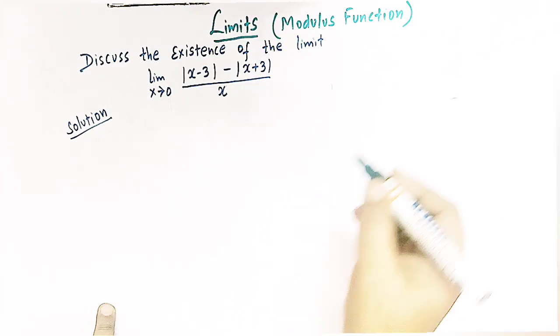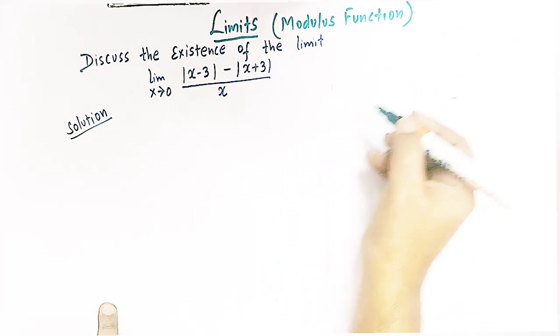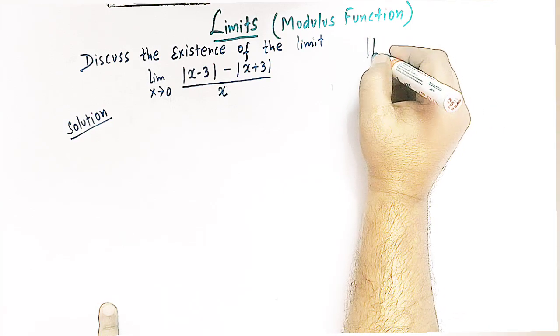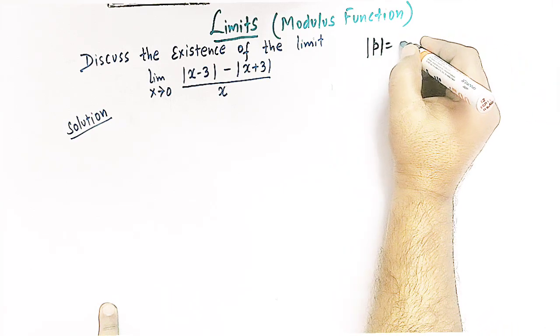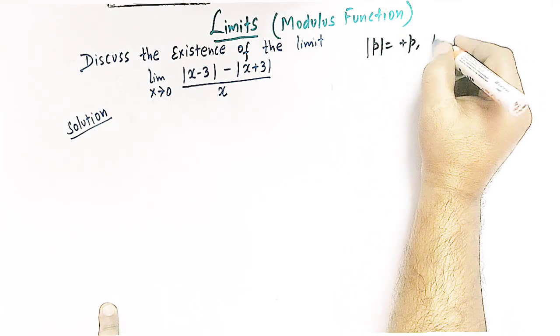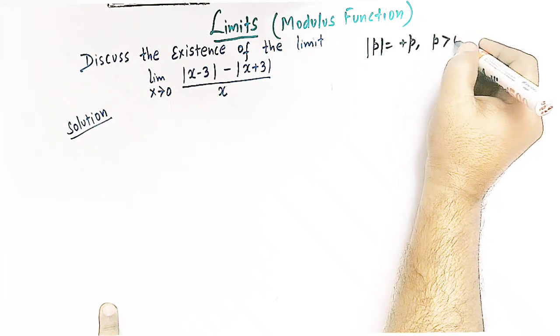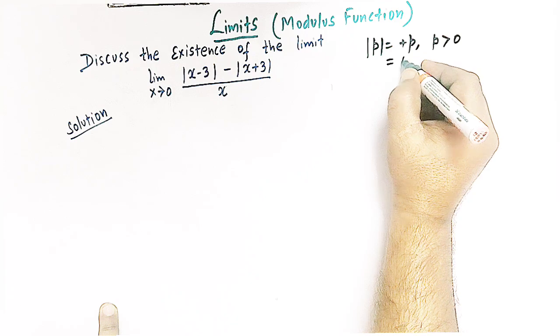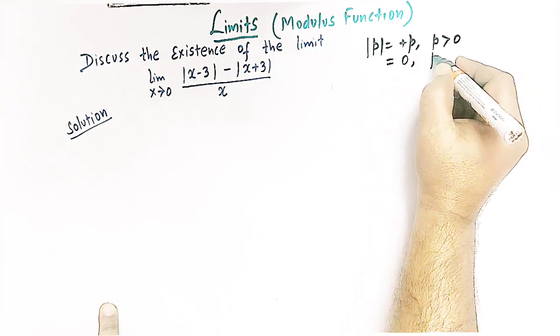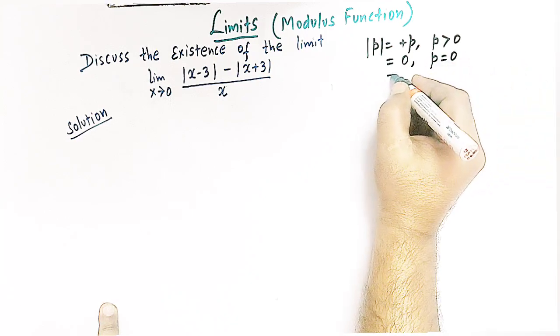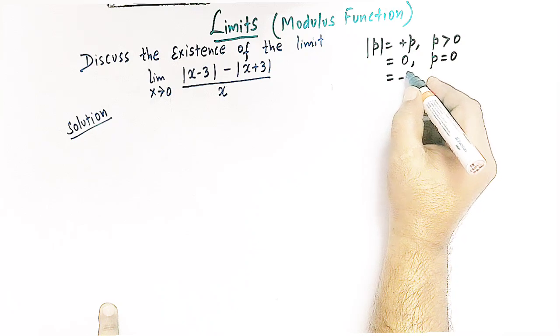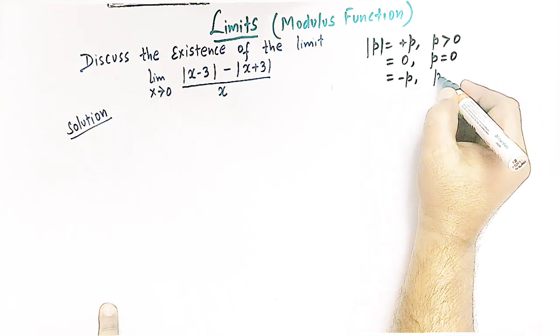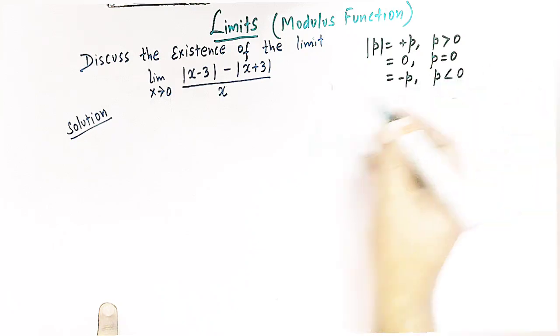So let us first see the definition of mod function, right? So here mod of p is defined as positive p whenever p is greater than 0, or p is positive, and mod of p is equal to 0 when p is equal to 0, and mod of p is negative p when p is less than 0, right?